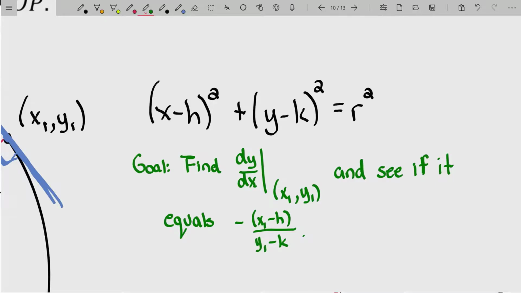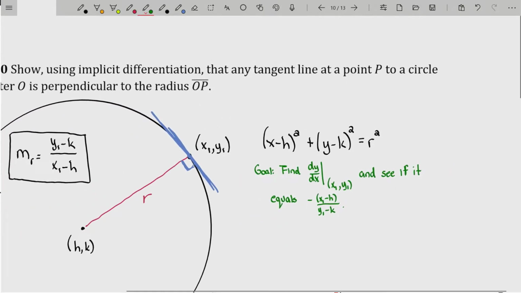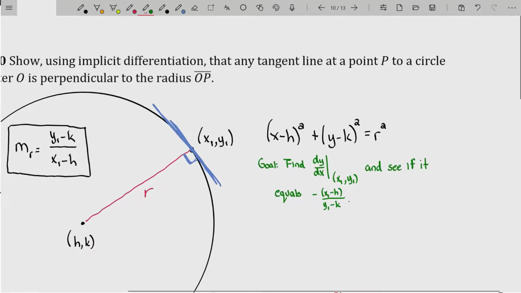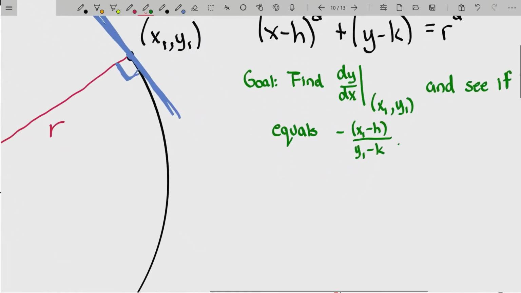There we go. That's the opposite reciprocal right there. Sorry about that. So we have the slope over to our left-hand side in black, and you can see that would be the opposite reciprocal of it. So that would showcase that the slope of the tangent line is the opposite reciprocal of the slope of that radius, or that those lines are perpendicular basically.